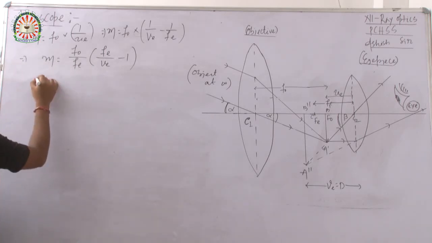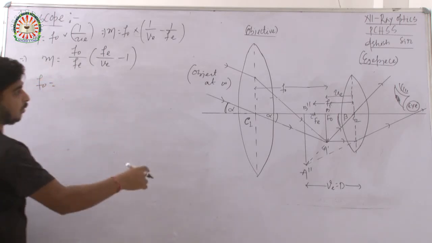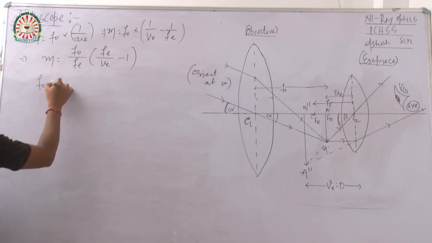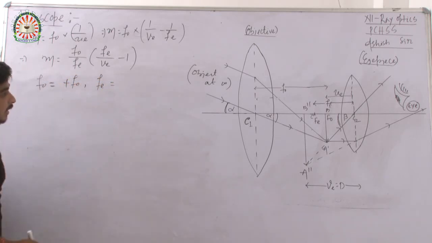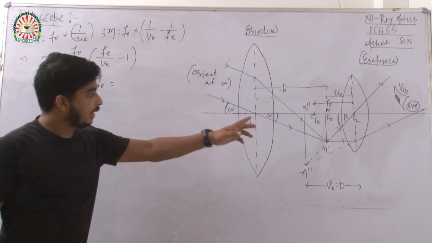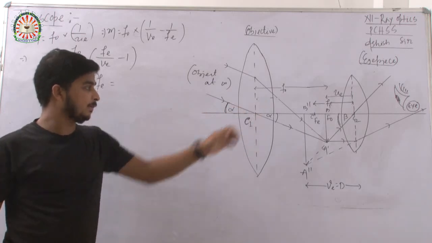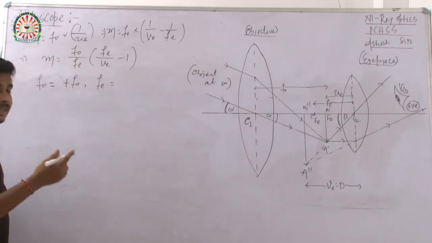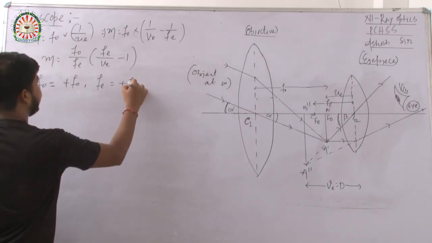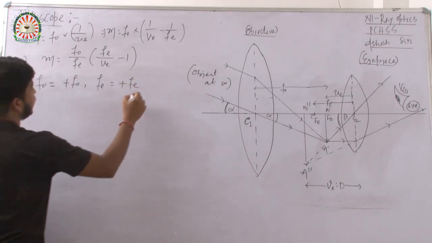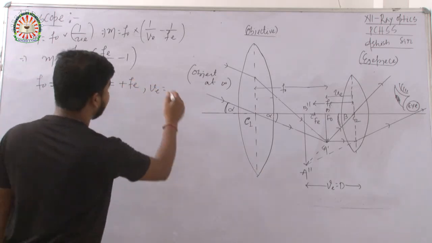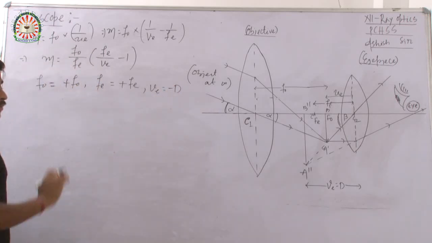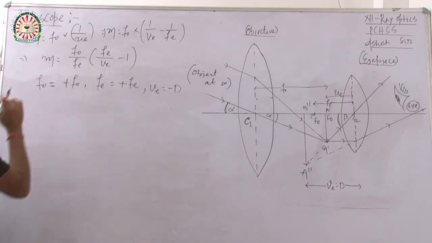We know fo equals how much? fo is to the right of the lens, so it will be plus fo. This fe, focal length is always positive, so it will be plus fe. And what is ve? ve will be minus D, to the left of the lens, so it will be minus D. Now put these values in this equation.